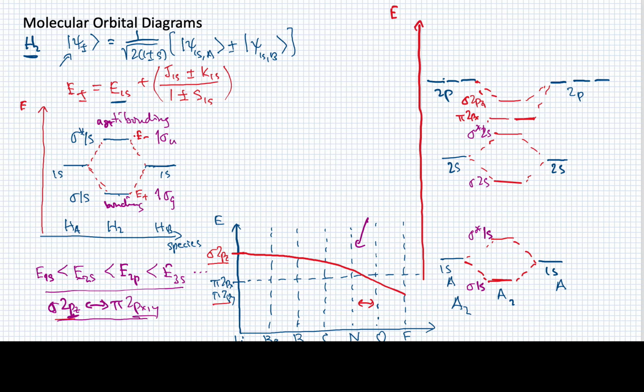And then when we go above that, the sigma antibonding orbital is always the highest. So sigma star 2pz, and we'll have pi star 2px.